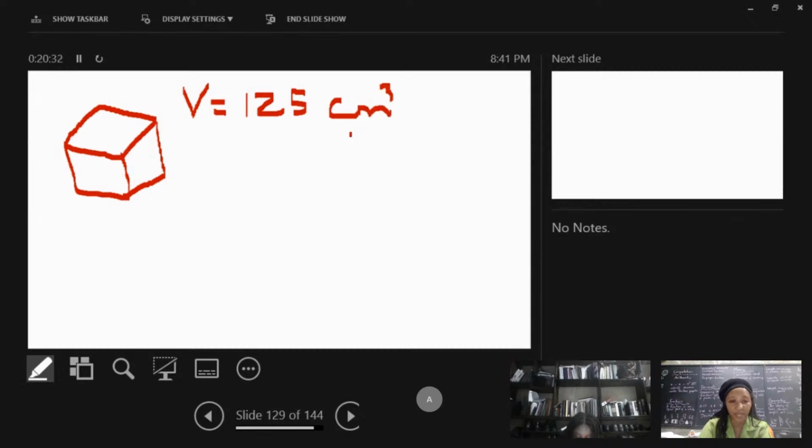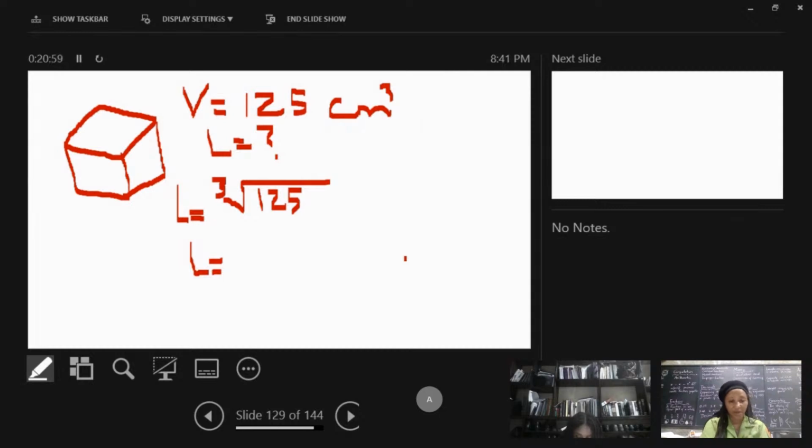I want you to tell me the length of the side. So that would be the cube root of 125, not the square root. You're trying to find which number multiplied by itself three times gives 125. And that number is 5.